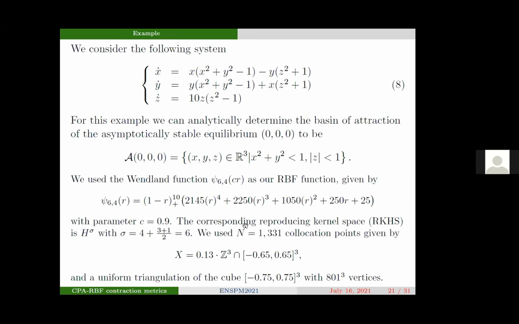We use the Wendland functions with parameters c 0.9 and the following size 0.4 for it. And the number of collocation points is 1,331, which, compared to the number of vertices we need for the verification, is very little.